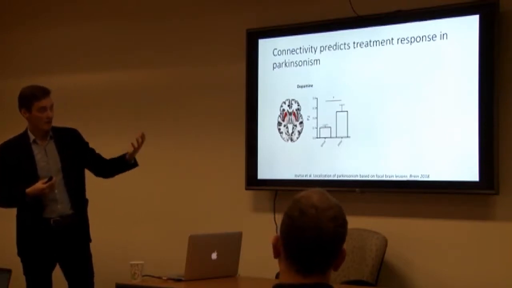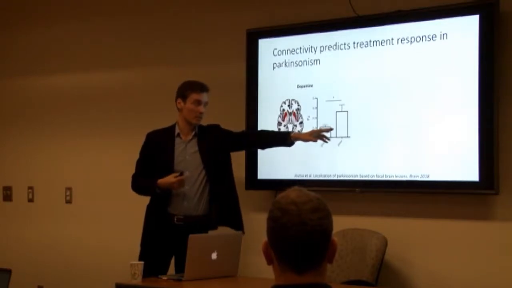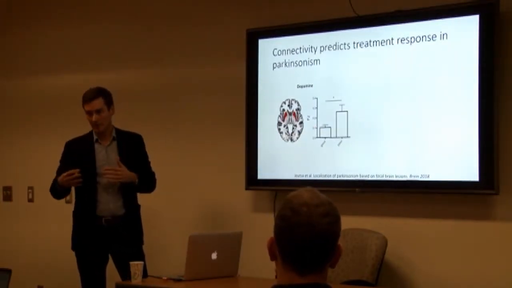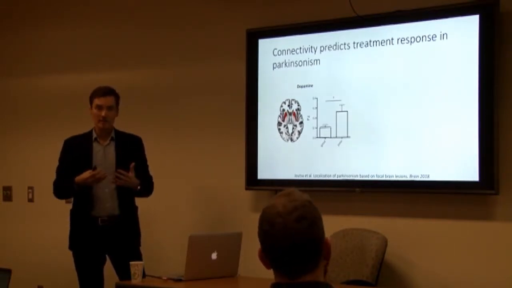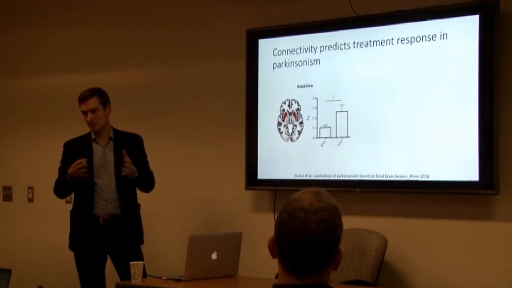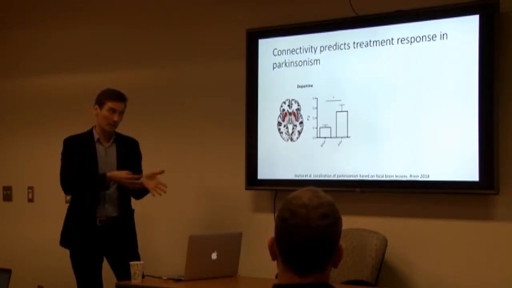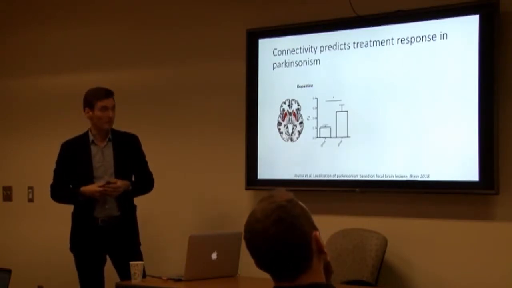Our cases with lesions that responded poorly to dopamine were more connected to the striatum, indicating that their lesion may interfere more with the striatal dopamine function, and those cases responded less well to dopamine medication.